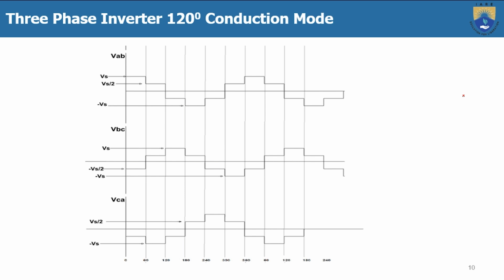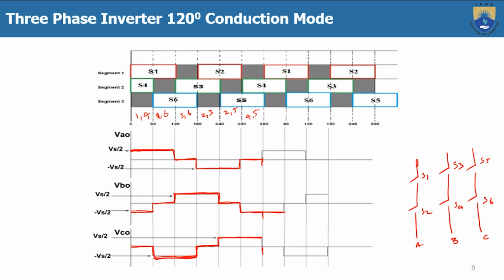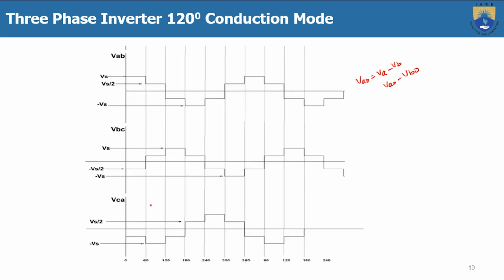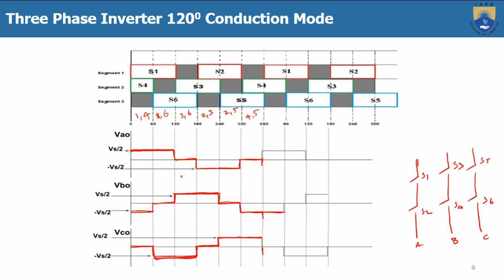Okay, so same way here VAB, which is equal to VA minus VB, or VAO minus VBO. So what is VAO here? VAO is equal to plus Vs by 2, and VBO is equal to minus Vs by 2, right?